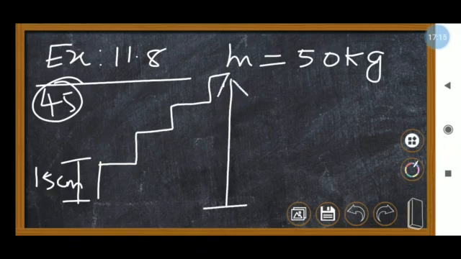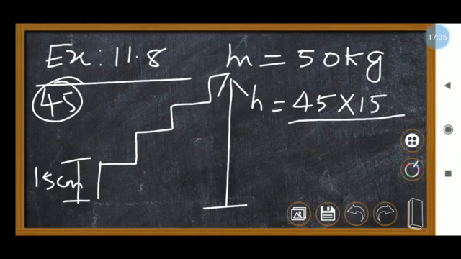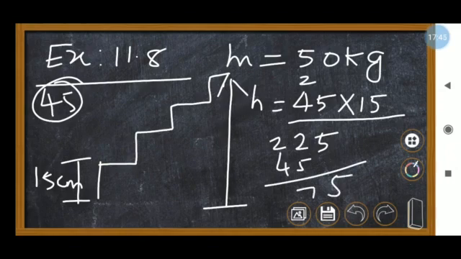So one step height they given, totally 45 steps, so we have to multiply. And then this is centimeter, so we have to convert in terms of meter. First, height we have to calculate. So height equal to 45 steps, one step height is 15 centimeter, so simply you have to multiply this value. 5 5s are 25, 4 5s are 20, 22, and 45, 675.